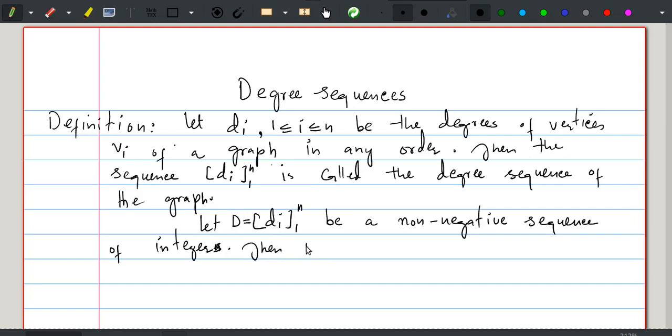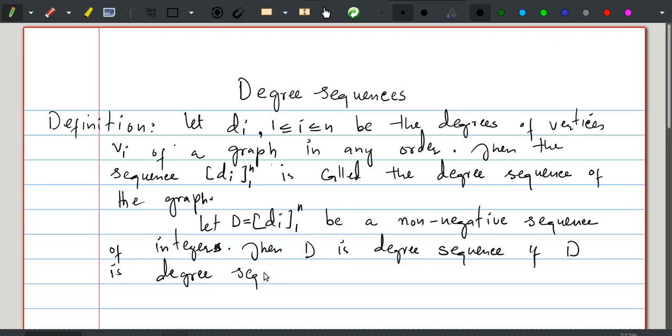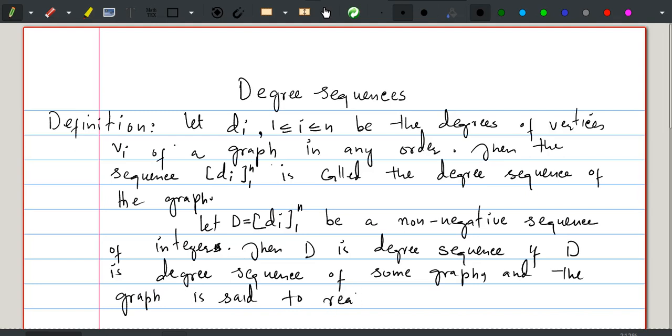Then d is a degree sequence if d is the degree sequence of some graph, and that graph is said to realize this sequence d.